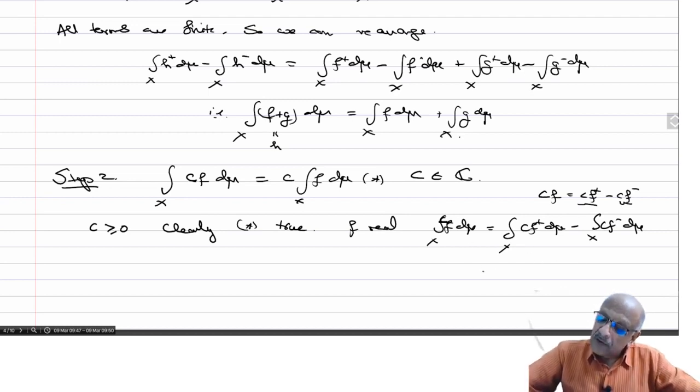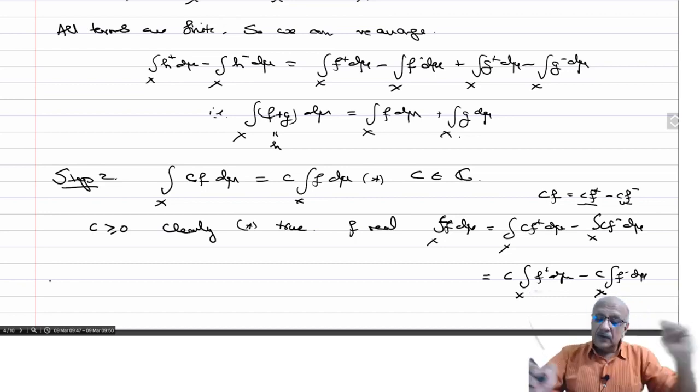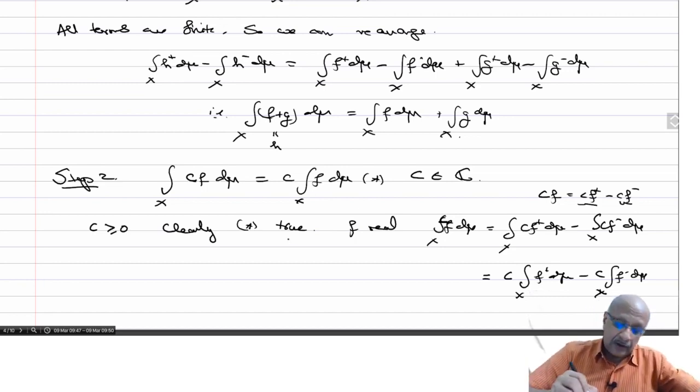And therefore for positive functions, we know that this is true: c times integral of f plus d mu minus c times integral of f minus d mu, and therefore this is true. Therefore star is true for non-negative c.